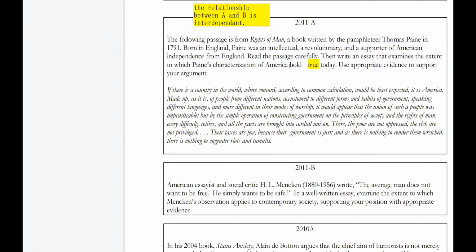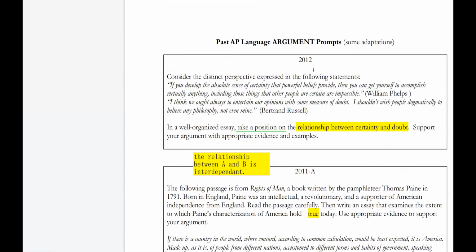That is exactly how Americans are. Or is it, nah, Americans have changed throughout the course of history. So Paine's characterization of America, yeah, it was true before, but it's no longer precisely describing America. All right, so this is a true false essay. So is it, so far, 2 in a row?